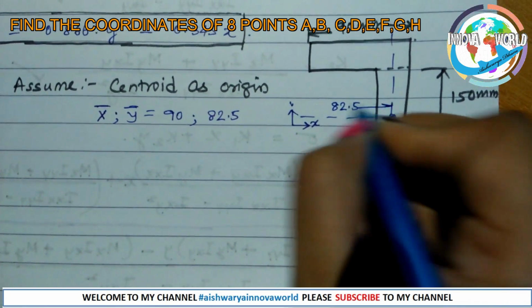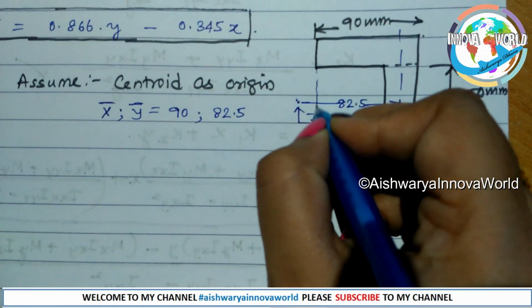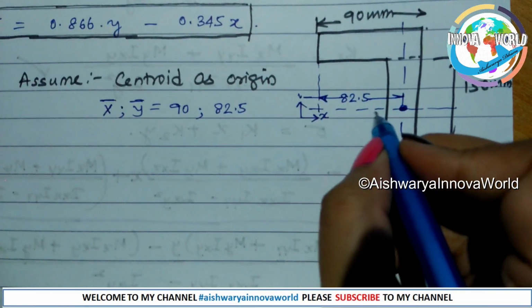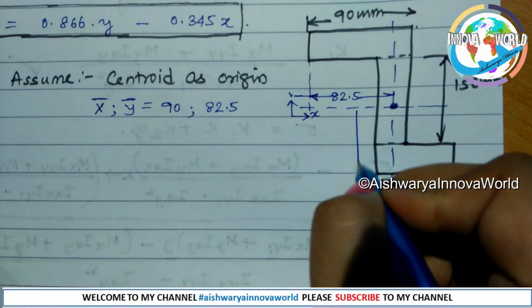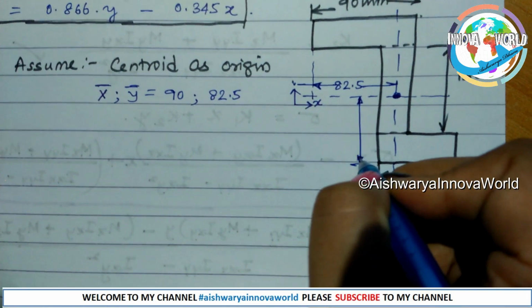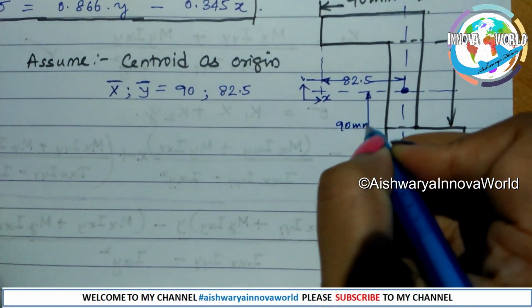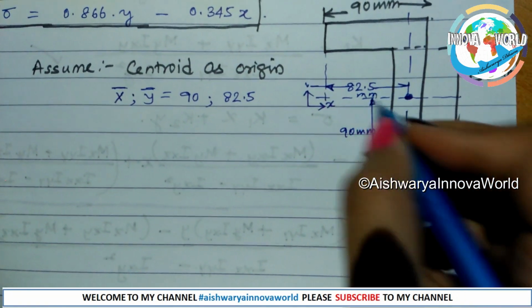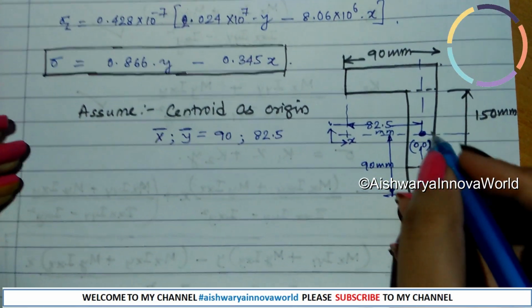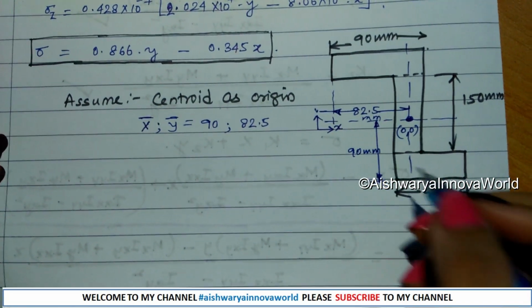From here till here is 82.5, and from here to here is 90 mm. Now this point, the centroid, we have to consider as the origin.